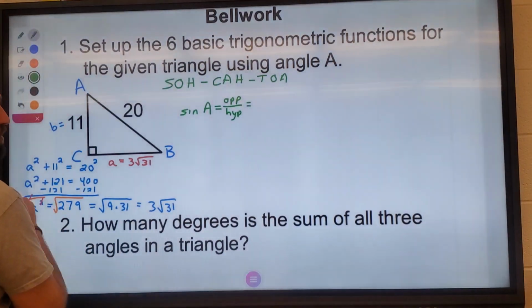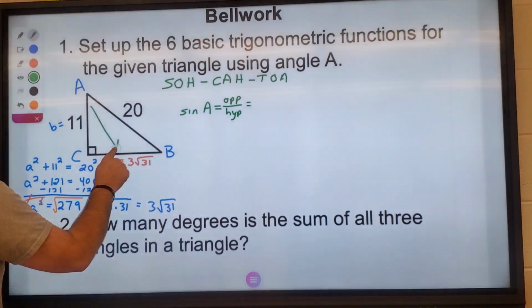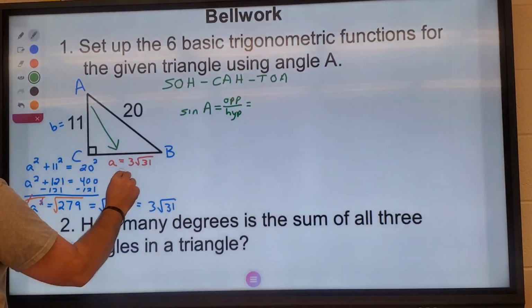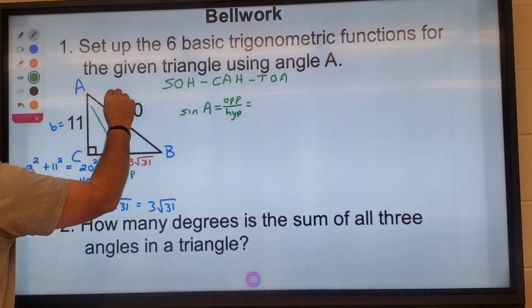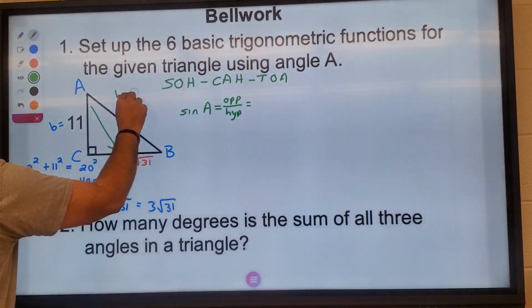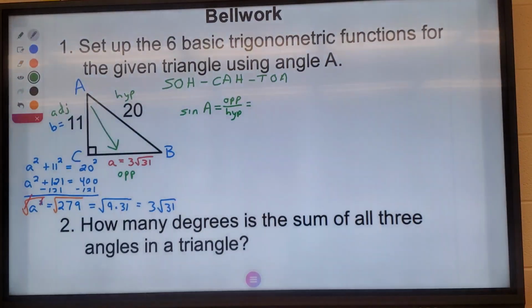Which, if we go back to our triangle here and label things, if we're using angle A, this side across from it, or opposite of it, is my opposite. The one across from the right angle is always my hypotenuse. Then that would make this my adjacent. So we plug in the opposite.